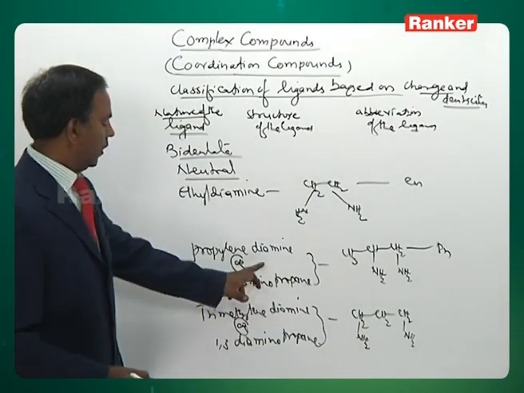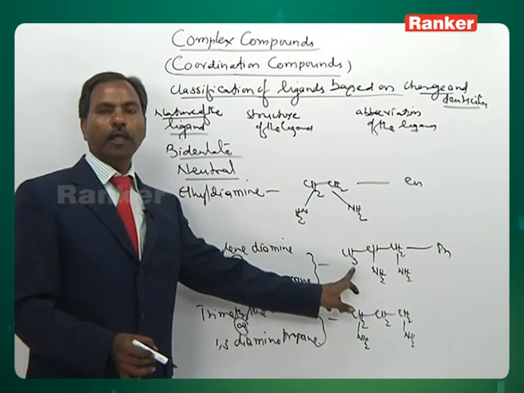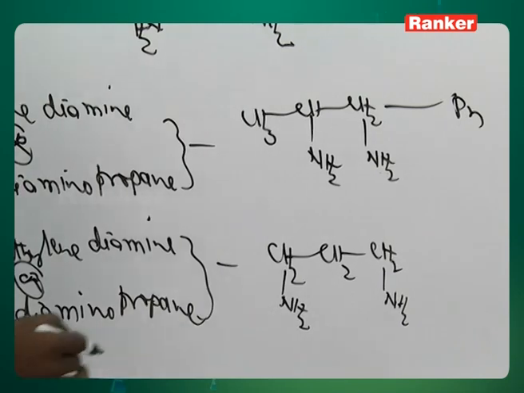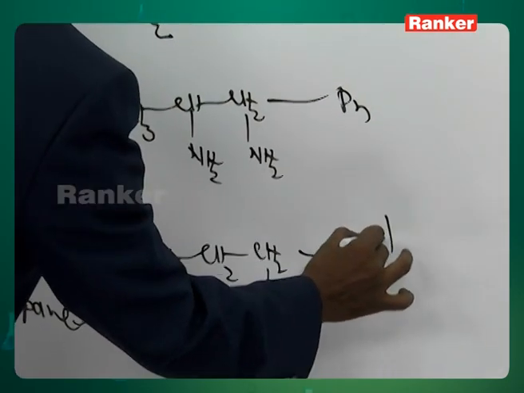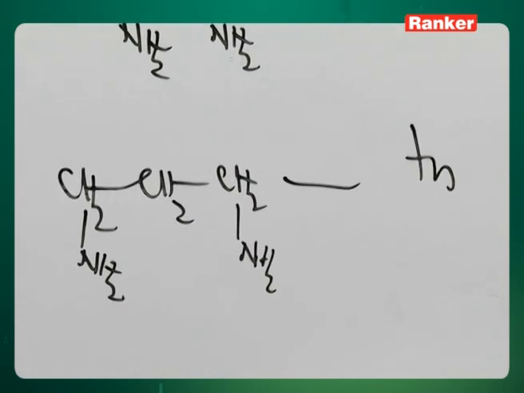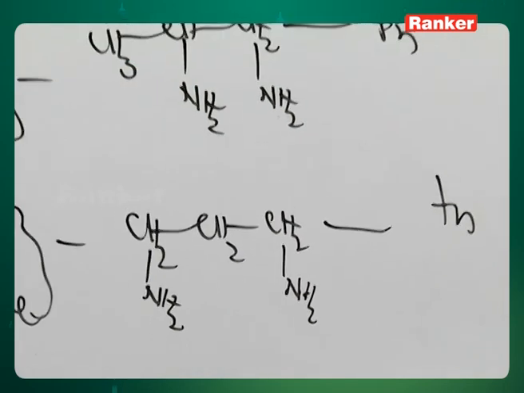See the difference between PN and TN. One is 1,2-diaminopropane, in 1,2 positions. The other is 1,3-diaminopropane, in 1,3 positions. This is considered TN. EN, PN, TN are bidentate.